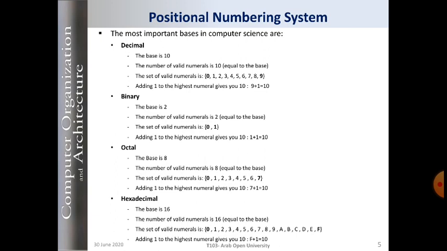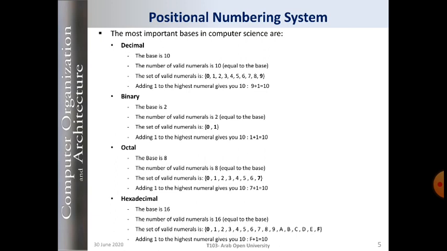Octal: the base is 8. The number of valid numerals is 8, which is equal to the base. The set of valid numerals is 0, 1, up to 7. Adding 1 to 7 equals 10, which is equal to 8 in decimal.